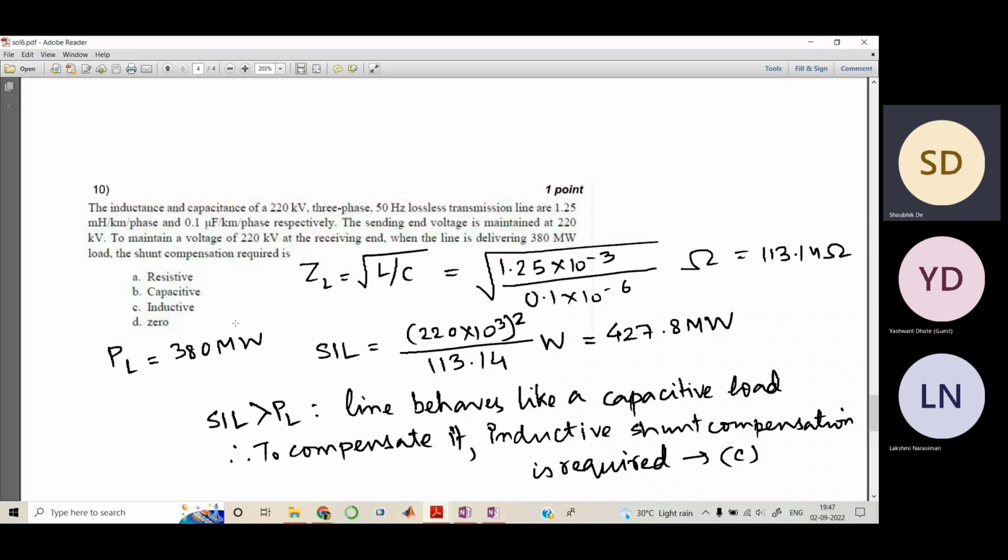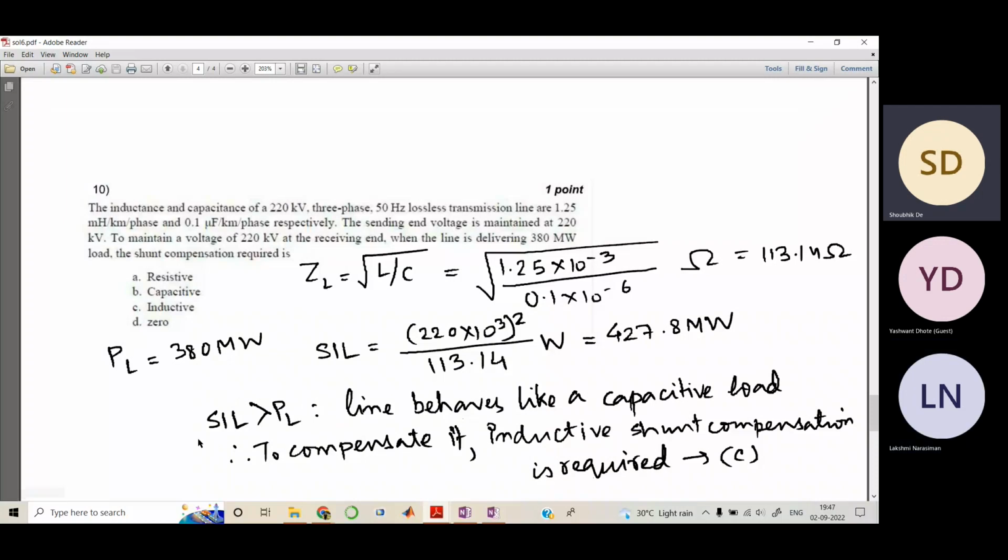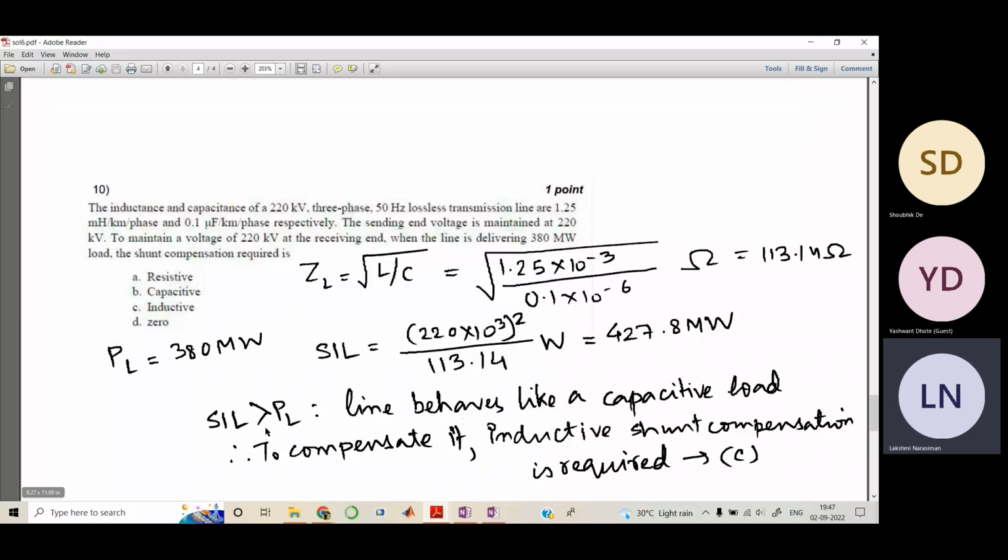In capacitance, current leads the voltage, so you require something opposite to it. You require an inductive shunt compensation, which is your option number C. You just need to remember this: if the SIL is greater than PL, then you require shunt inductive compensation, and if it is vice versa, you require capacitive compensation.